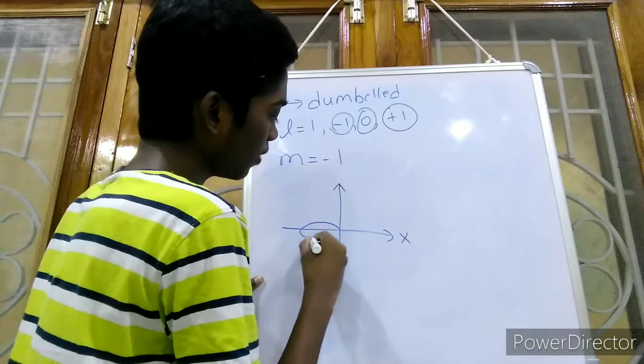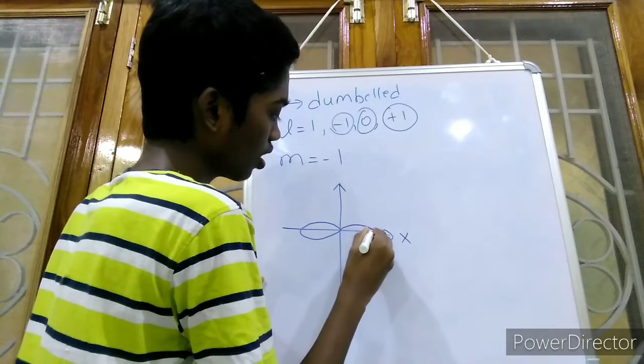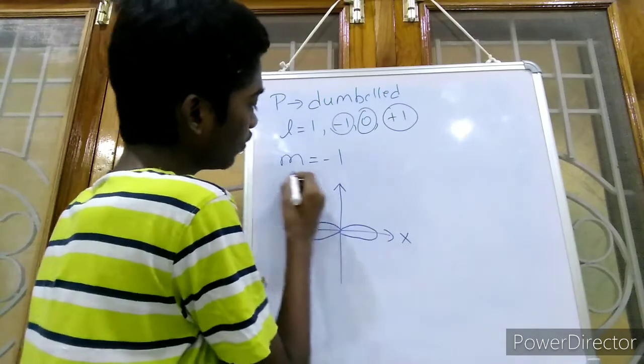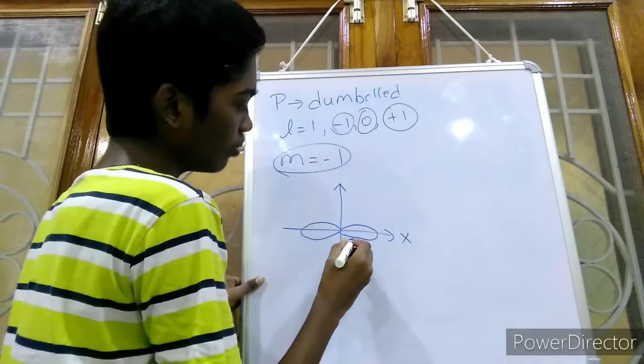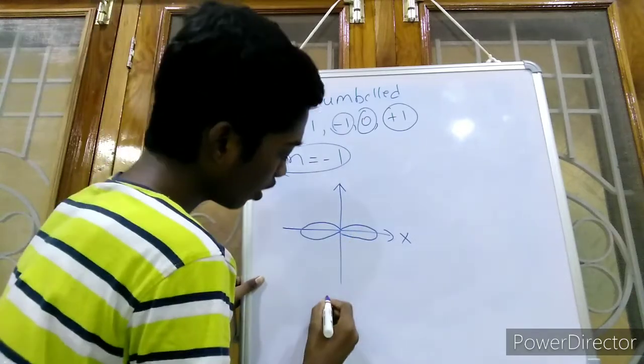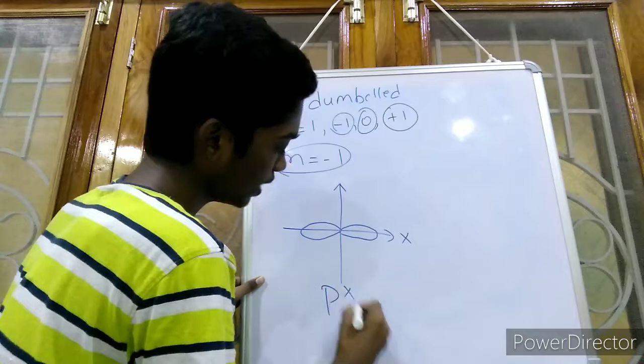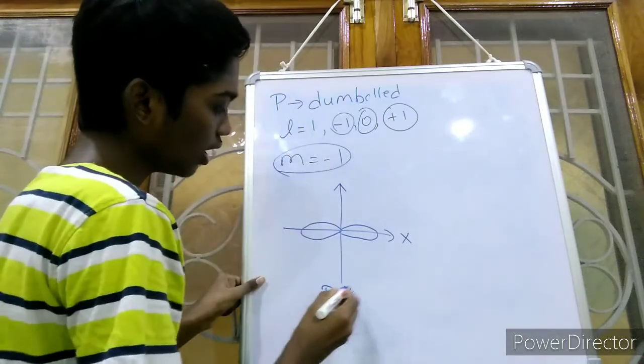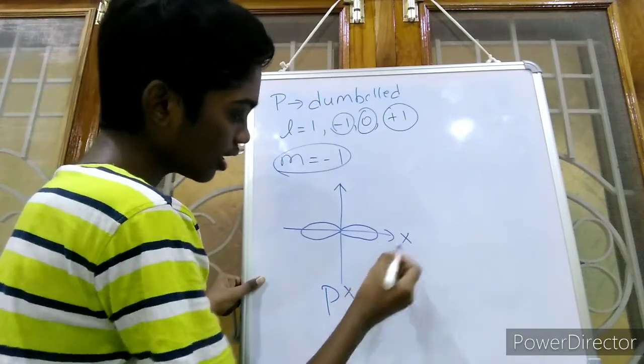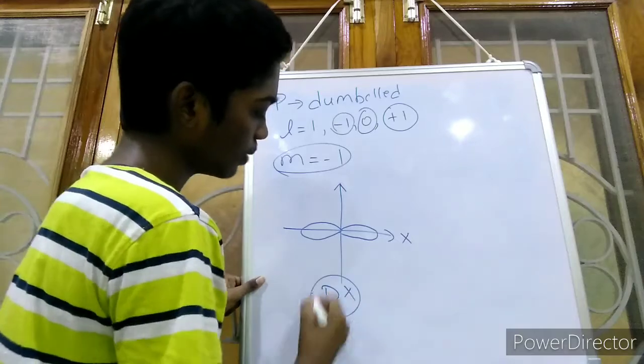As it is dumbbell in shape, we can draw like this. This is for M value -1, and we can represent the structure with Px. As this orbital is P and we have taken the x-axis here, we can represent the structure with Px.